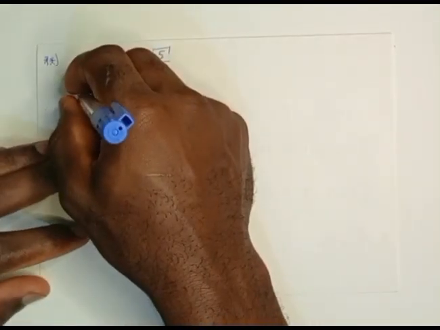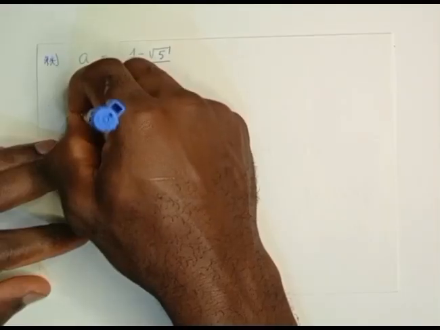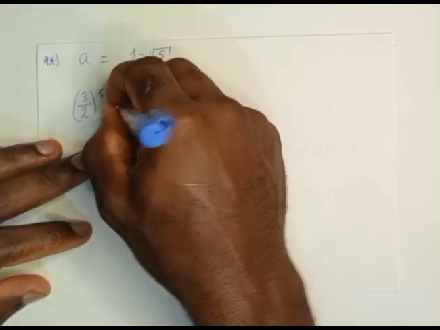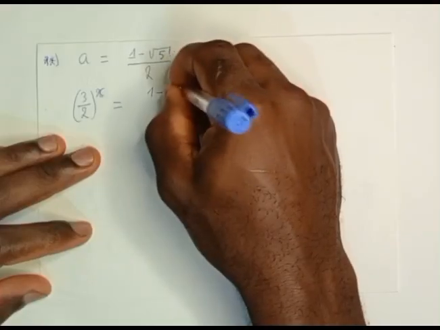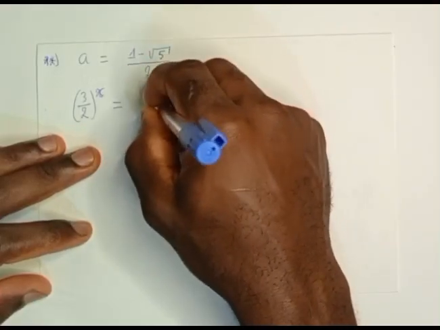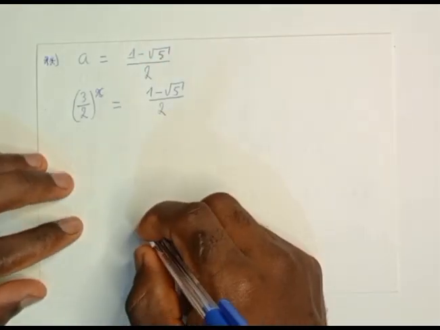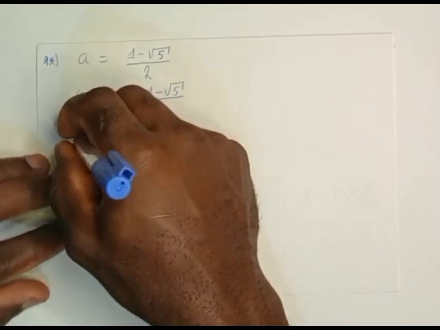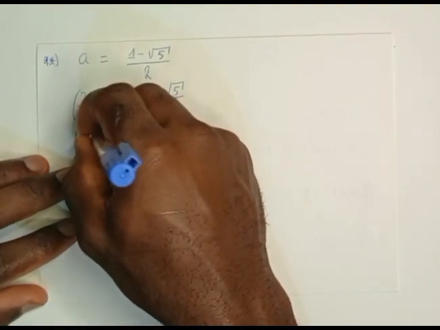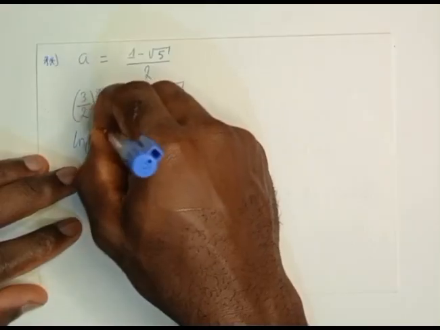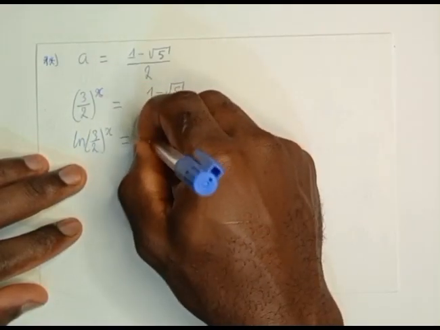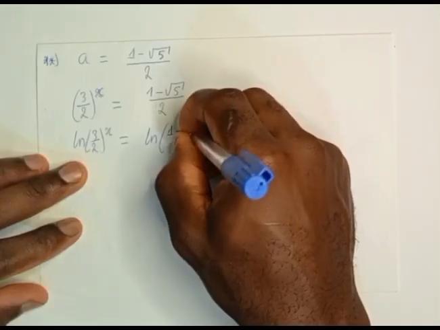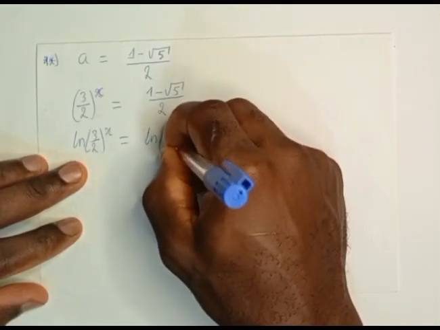A is 3 over 2, all this raised to the power x is equal to 1 minus root 5 on 2. If we take ln at the left hand side and at the right hand side, this will give us the ln of 3 over 2 to the power x is equal to the ln of 1 minus root 5 all over 2.